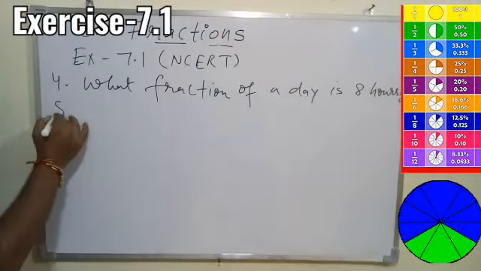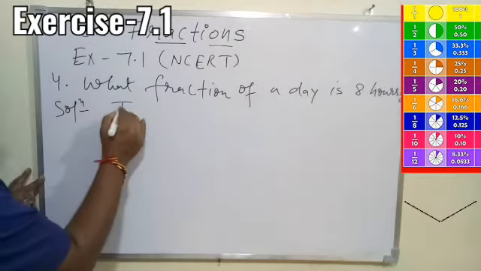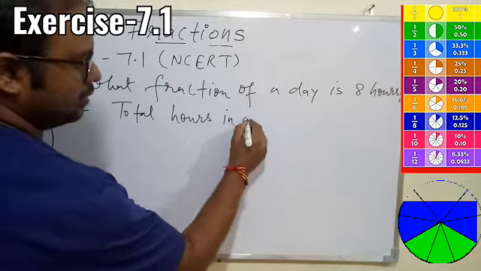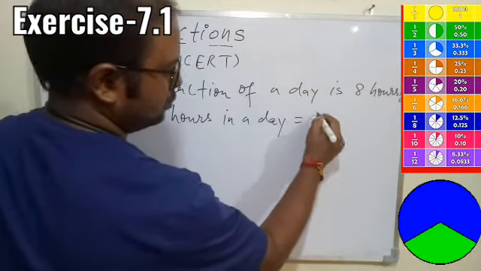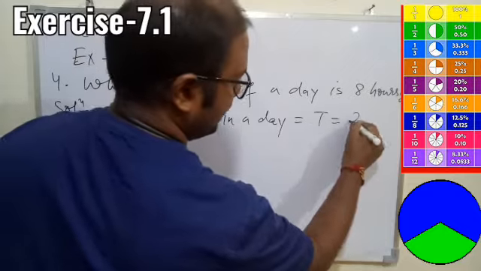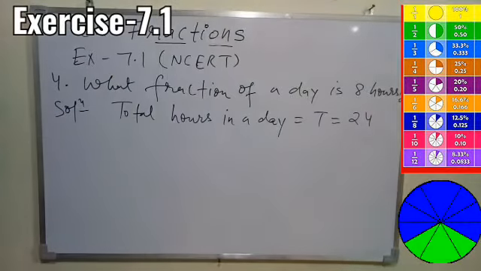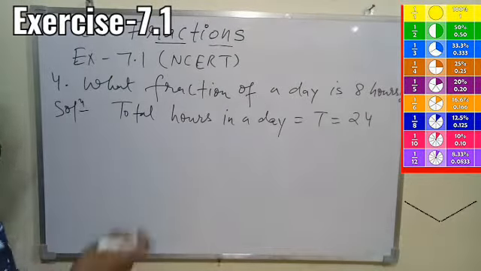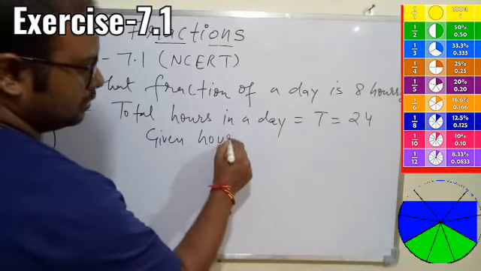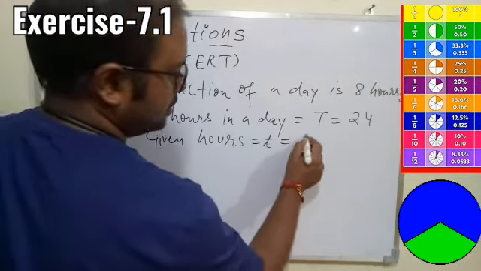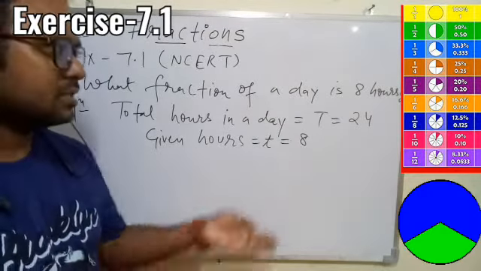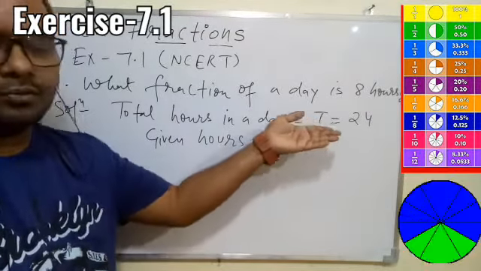So it's very simple. Here we have the total hours in a day. Let it be capital T, and that is 24. So the total hours we have in a day is 24, and the given hours, small t, let it be 8. Now we have to express it as a fraction, meaning 8 is a part of 24.